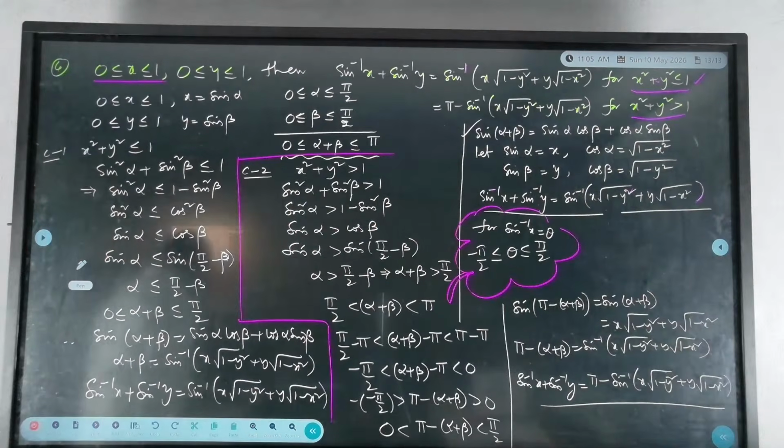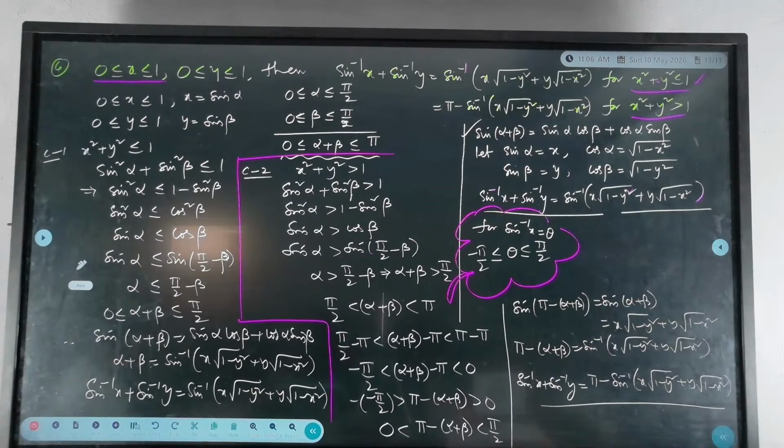These four things we have to observe. Few more results are there. Make it fast.